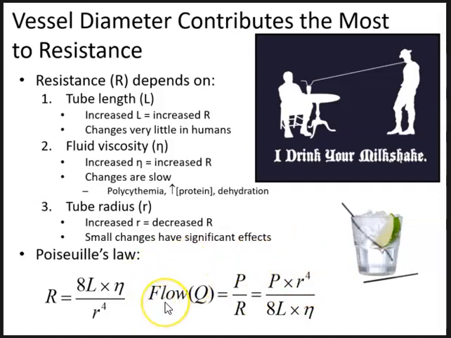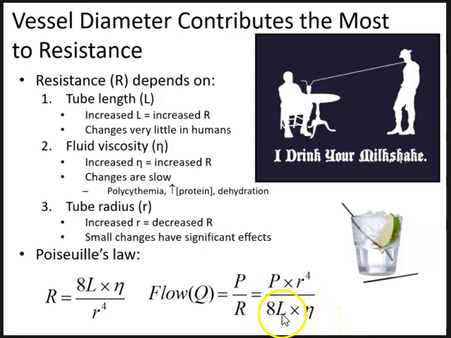So flow is directly proportional to the change in pressure times the radius of the tube to the fourth power. So any increase in the change in pressure or any increase in the radius will cause an increase of flow. And then we can see that flow is inversely proportional to the length as well as the viscosity of the fluid.